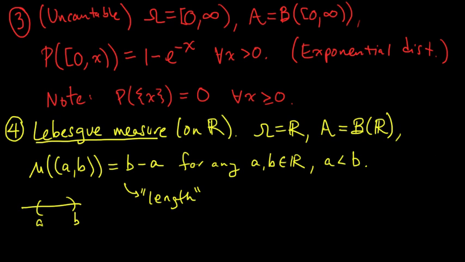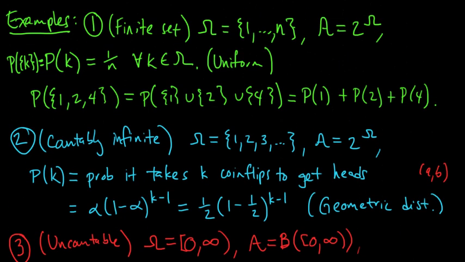Before, I didn't really prove it, but it's probably not too hard to see that all of these were probability measures. I sort of claimed that. And it's not too hard to see here. I've got n things, each of them has probability 1 over n, so the probability of the whole thing is going to be n times 1 over n, which is 1.